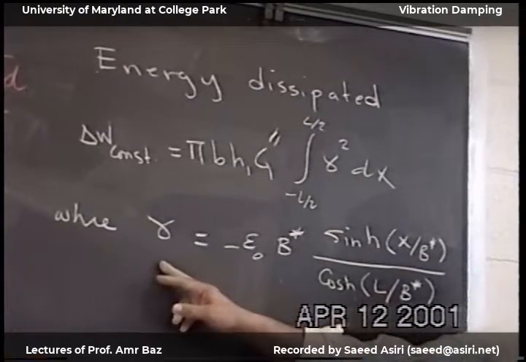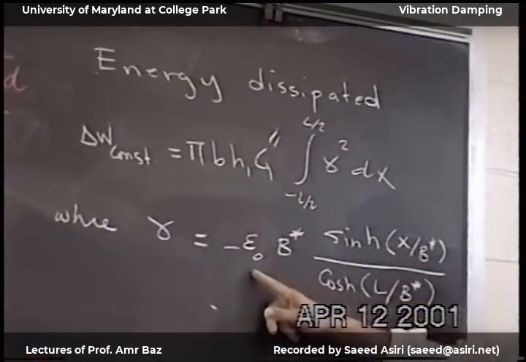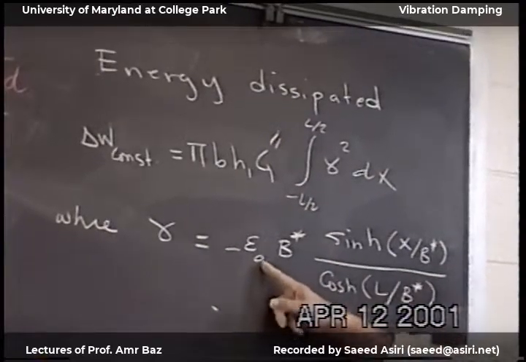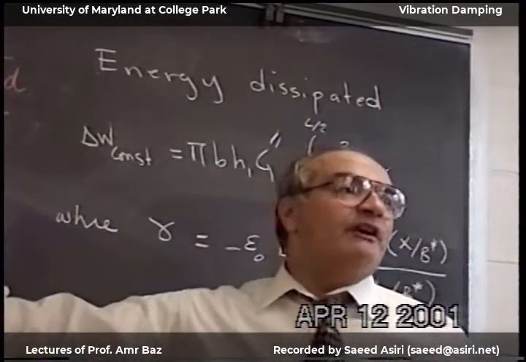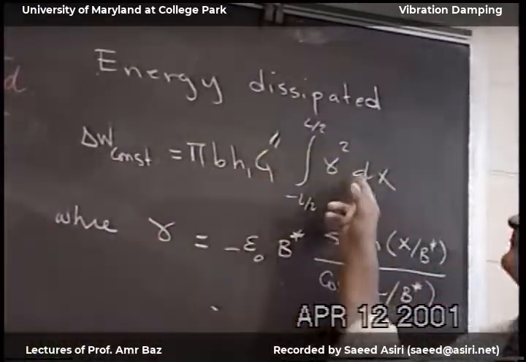So now gamma is not only a function of x, but it is a function of epsilon 0. Epsilon 0 is a function of the curvature of the beam. So now I have to take this and put it inside the integral.